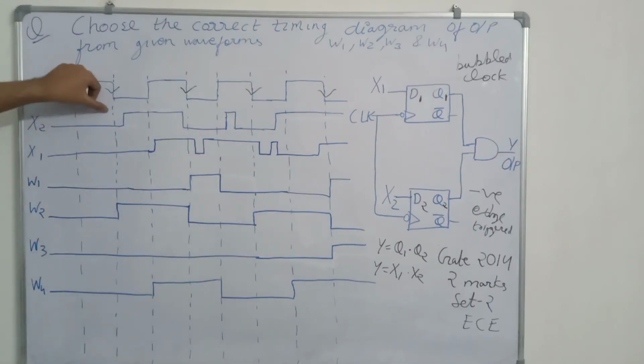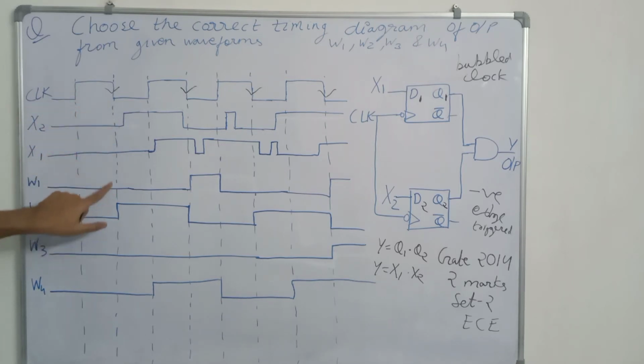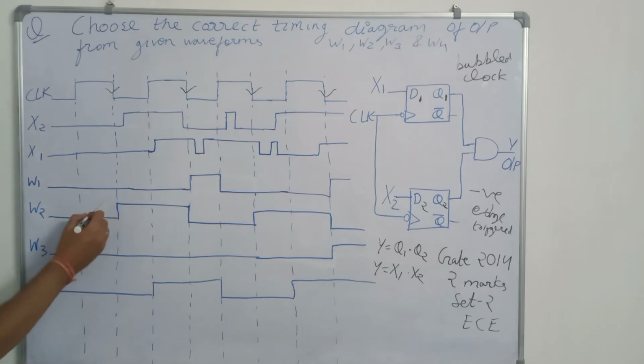At this negative edge x2 is 0 and x1 is 0, so the output should be 0 because the ANDing of 0 and 0 is 0. W1 is 0, but W2 is equal to 1. This cannot be correct because at the negative edge both x2 and x1 are 0, so the output cannot be 1. So W2 is not correct.